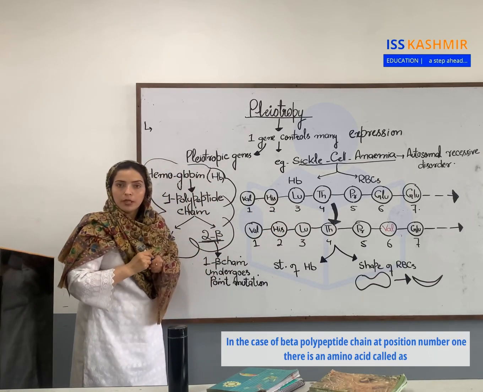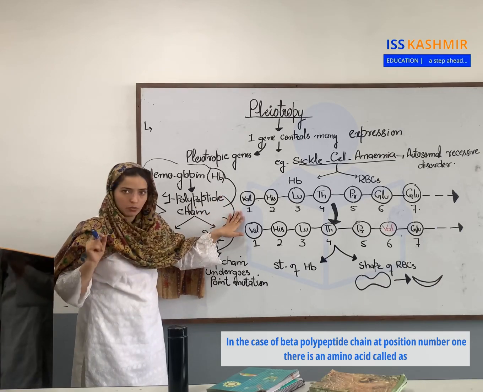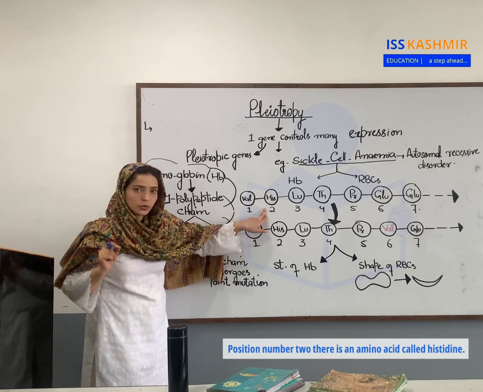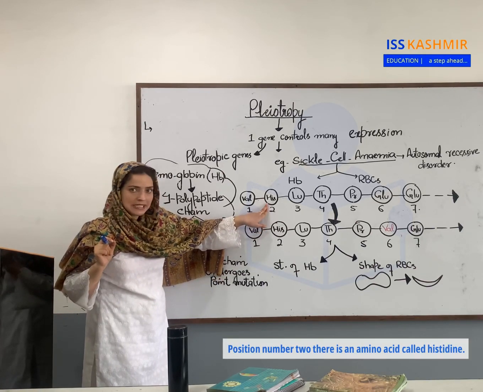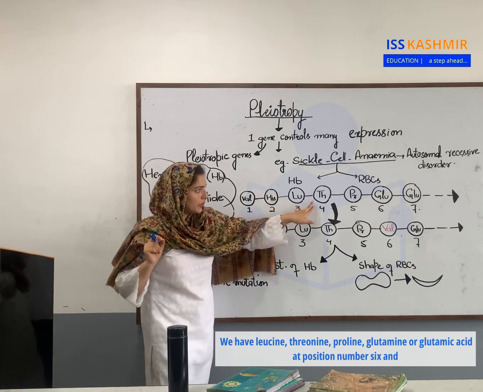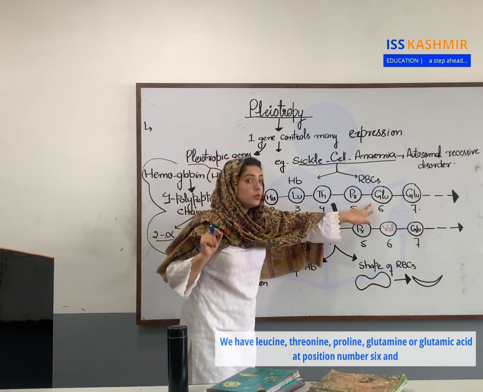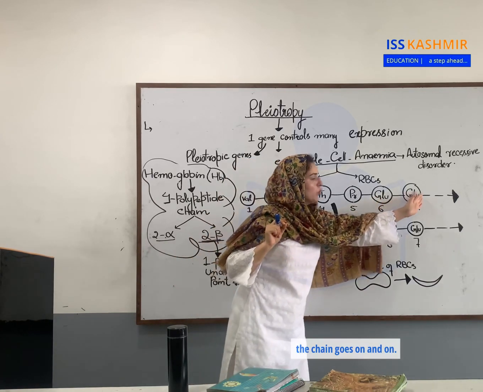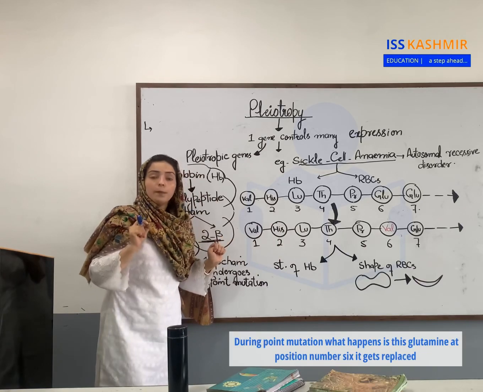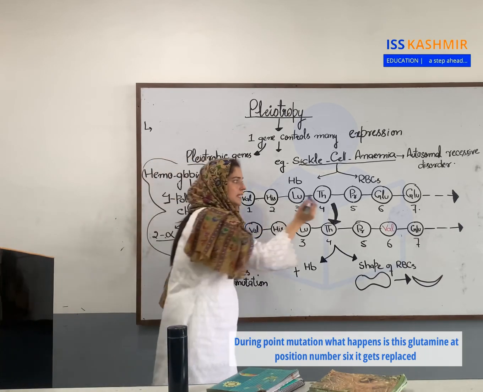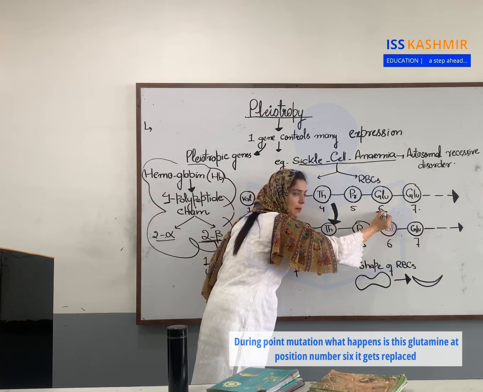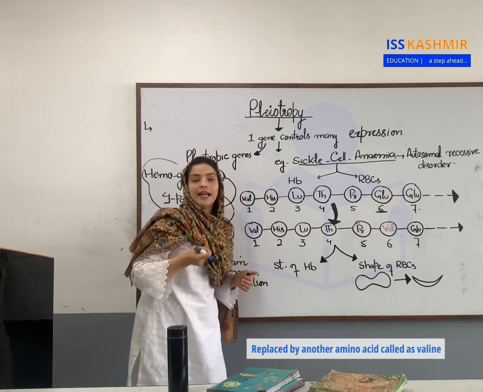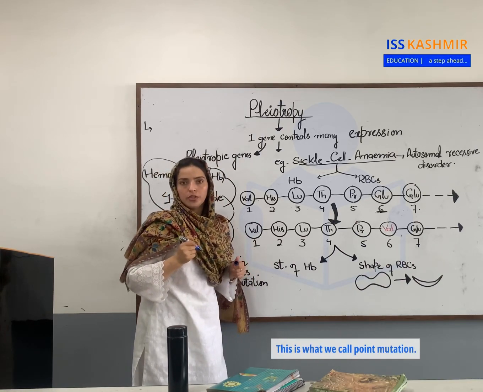In the beta polypeptide chain, at position number 1, there is an amino acid called valine. Position number 2, there is an amino acid called histidine. We have leucine, threonine, proline, glutamine or glutamic acid at position number 6, and the chain goes on and on. During point mutation, this glutamine at position number 6 gets replaced by another amino acid called valine. This is what we call point mutation.